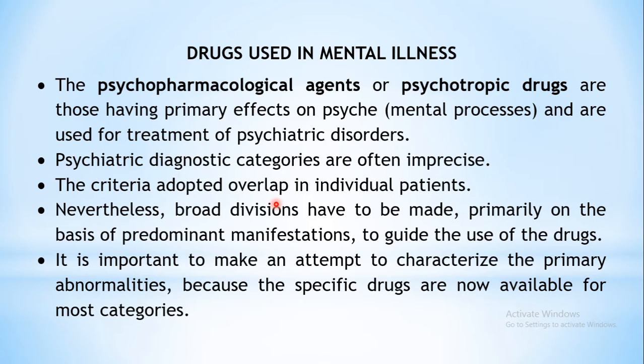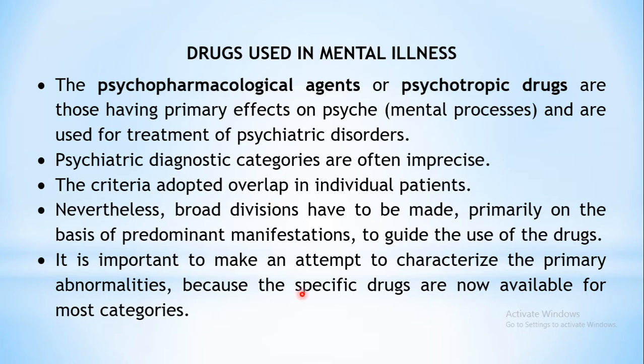Nowadays there are classified agents which are specifically used to treat a particular condition. For example, there are antidepressants which are used specifically to treat depression. There are anti-manic drugs which are used specifically to treat mania or bipolar disorder. There are anti-anxiety drugs which specifically help in controlling anxiety.